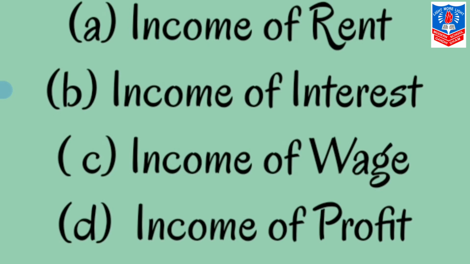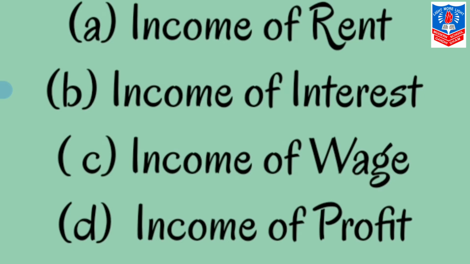Third, income of wages or salary. Here, the income which is earned in the form of wages or salary, given to laborers for their work during a year, is considered in national income. And the last is income of profit.